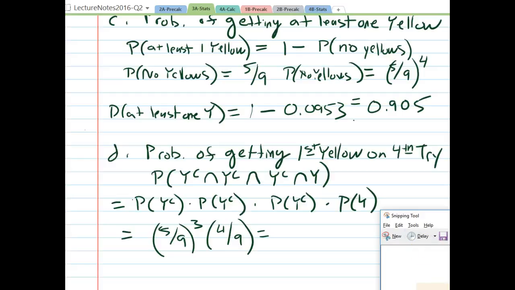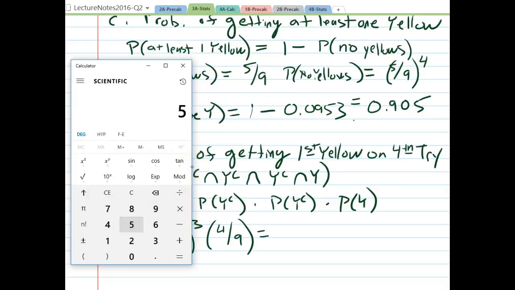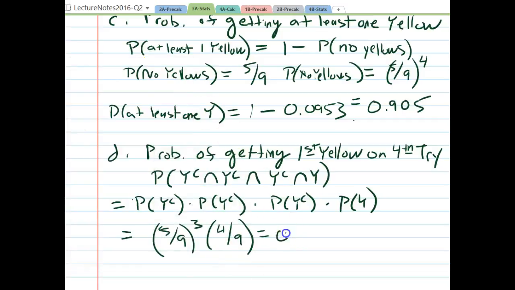We'll do that on our calculator. So we do 5 divided by 9, I raise that to the third power, and then I multiply that by 4 and then divide by 9. And I get 0.076, or a 7.6% chance that I won't get my first yellow until my 4th try.